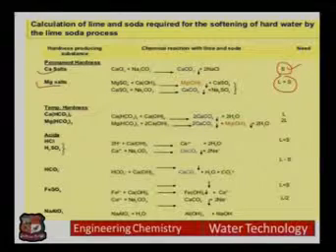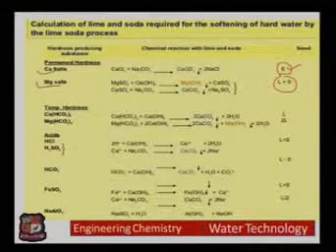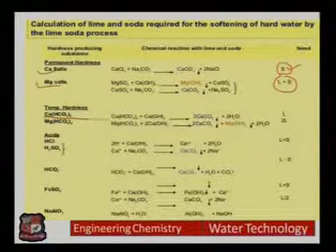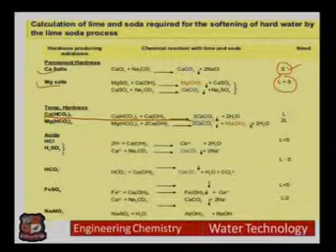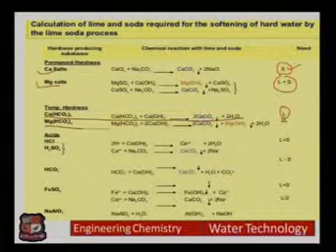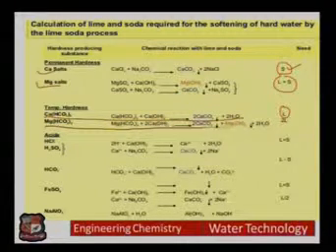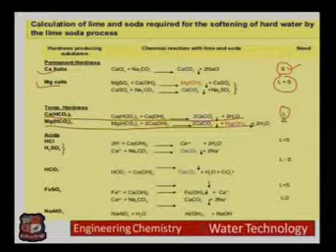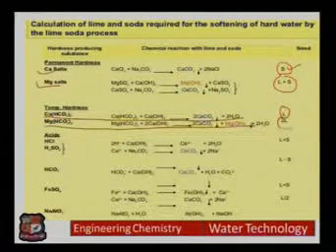In the same manner, temporary hardness, which is due to bicarbonate salt, can be removed by lime. Note down: removal of calcium temporary hardness requires only 1 mole of lime, while removal of magnesium temporary hardness, that is magnesium bicarbonate, requires 2 moles of L. 2 L's are required.